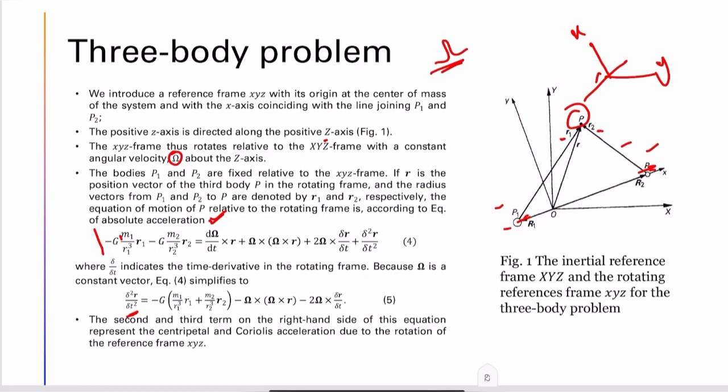We have got term 1, term 2 and term 3. The second and third terms on the right hand side of this equation represent the centripetal acceleration and the Coriolis acceleration.